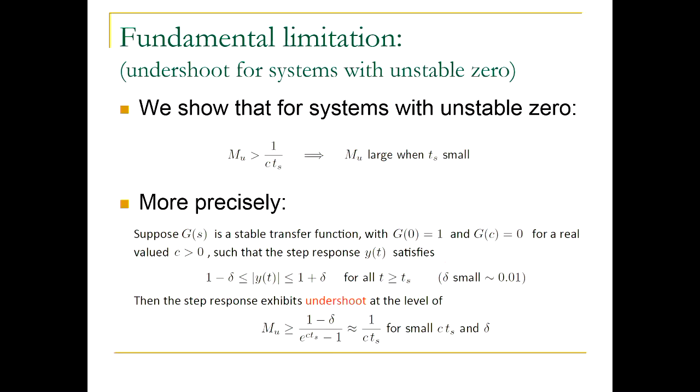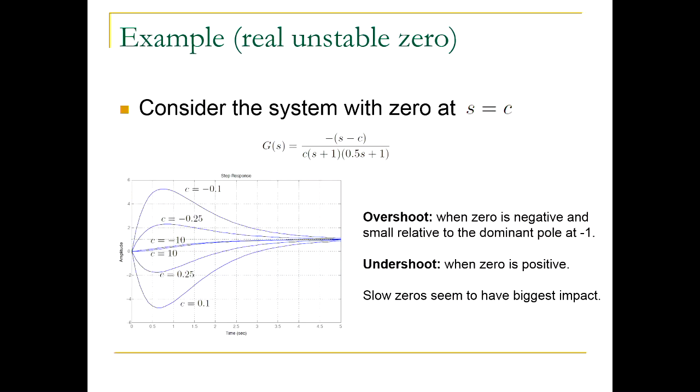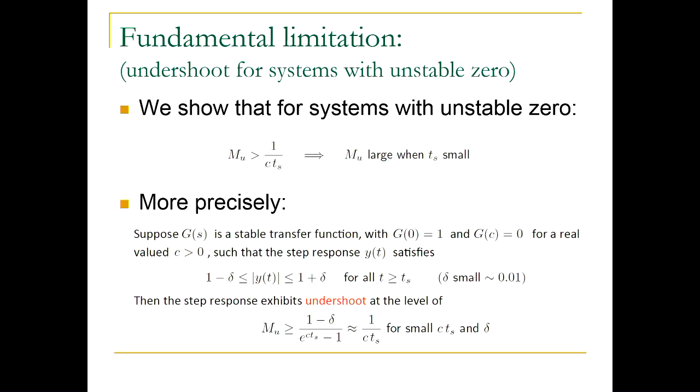Note, the smaller the settling time and the smaller the C, the larger the undershoot would be. So in other words, you will have responses that look like this, right? You go much further down before you go up. That's what would happen.